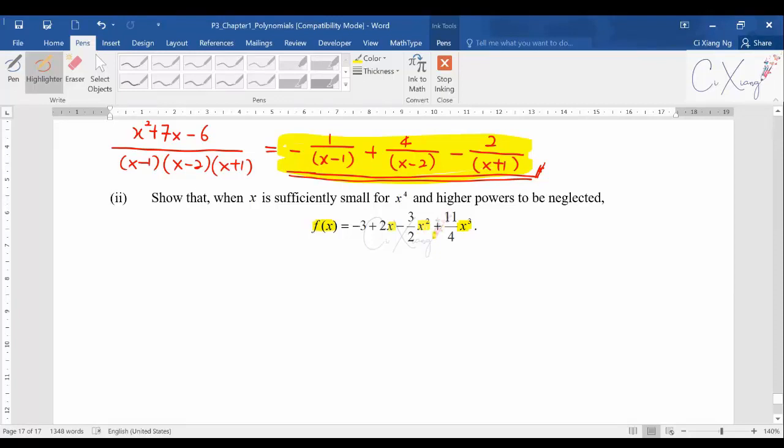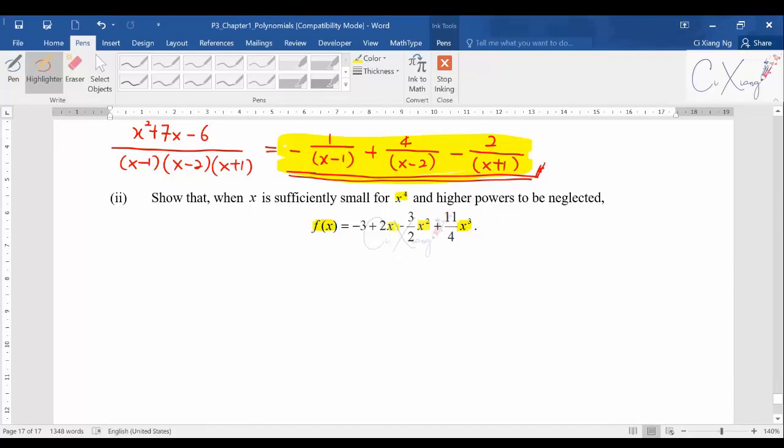When they ask you to show like this, they only want you to focus up to x power 3, so x power 4 and higher powers can be neglected. They didn't give you the keyword binomial expansion, but they actually want you to do it. Understand what I said or not?